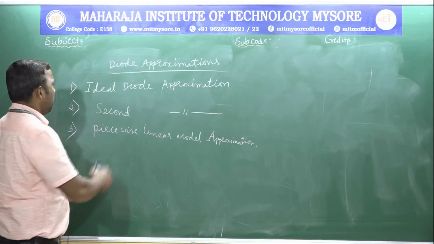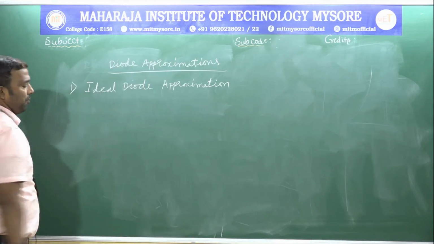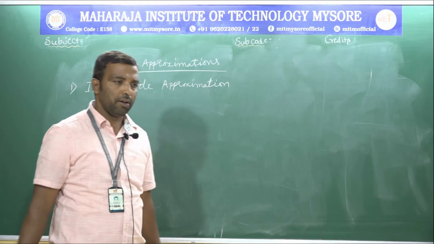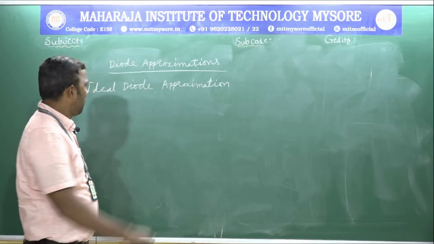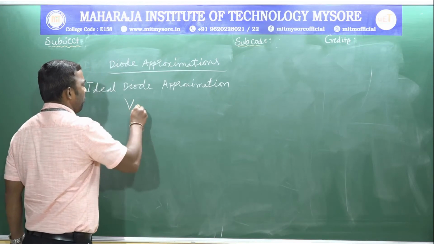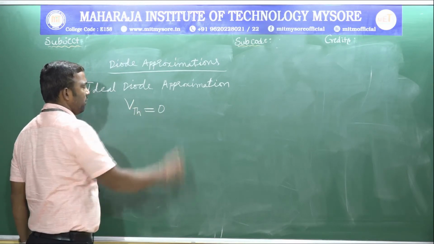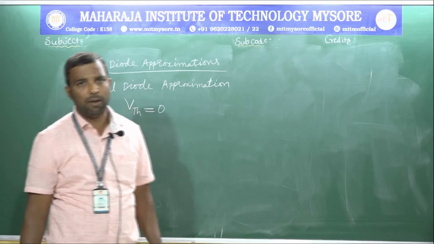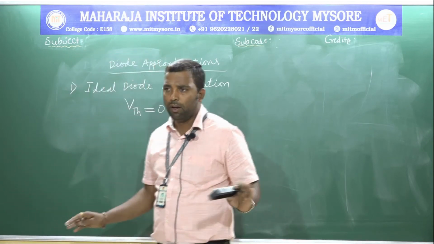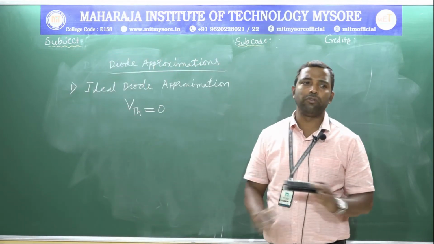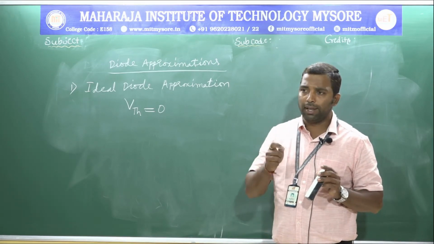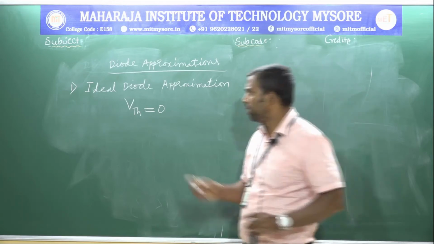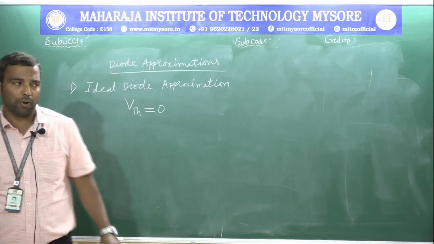We will discuss the ideal diode approximation first. The name indicates that the diode is ideal, which means there is no threshold voltage. VTH is equal to 0 volts. That means the current increases from 0 voltage only, which is the ideal diode approximation.